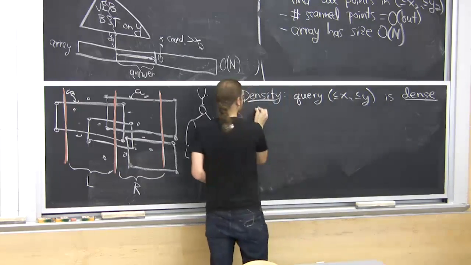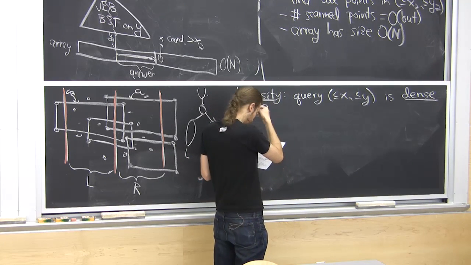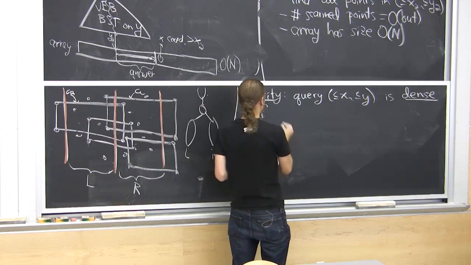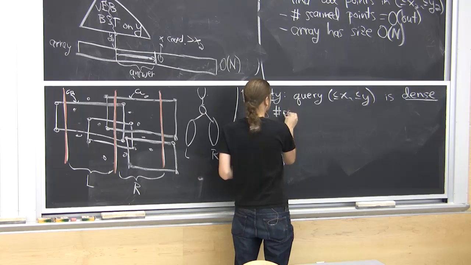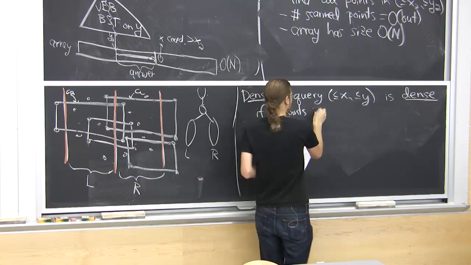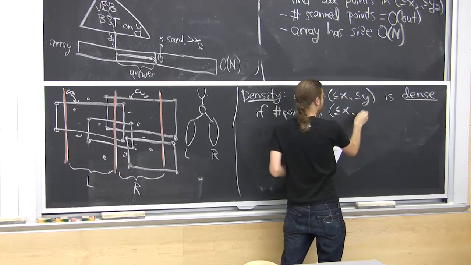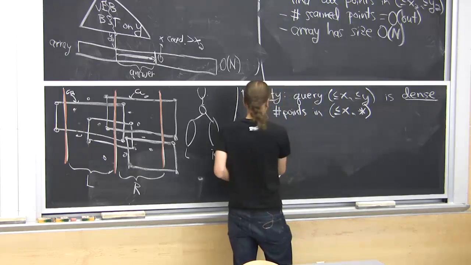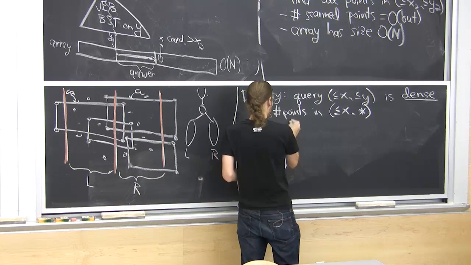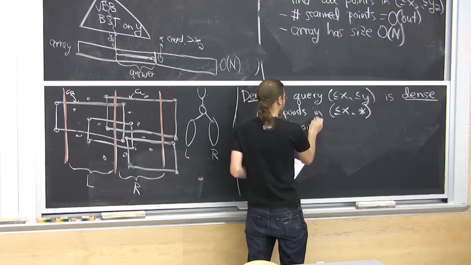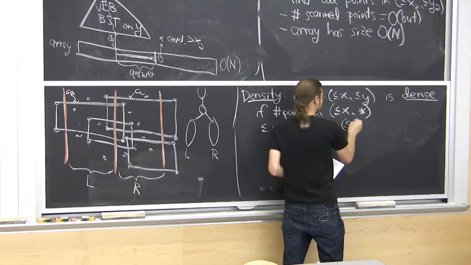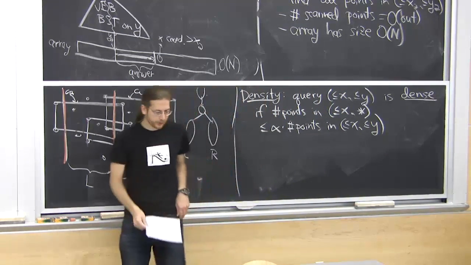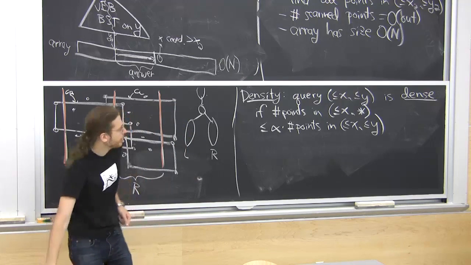The good thing for us would be if the number of points in less or equal to x star is at most alpha times the number of points in the answer. Okay, star means no restriction on y, minus infinity to infinity.